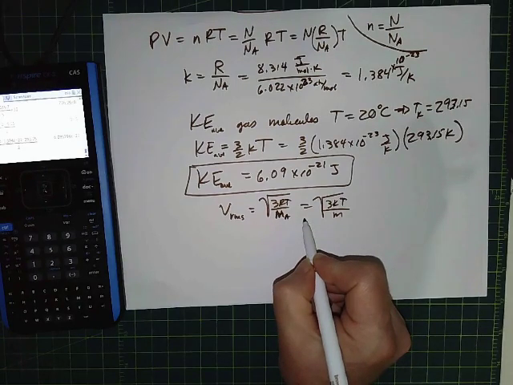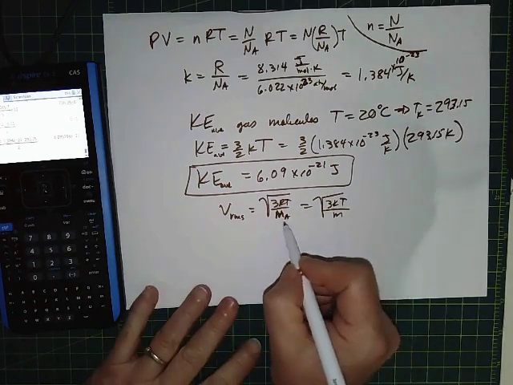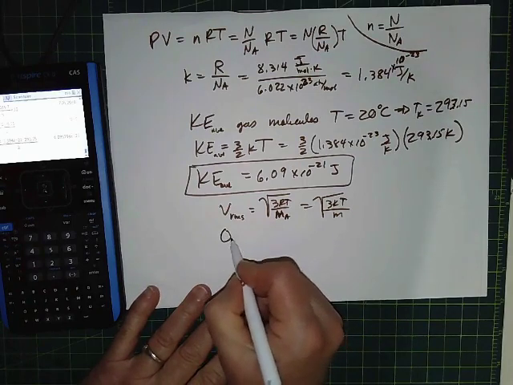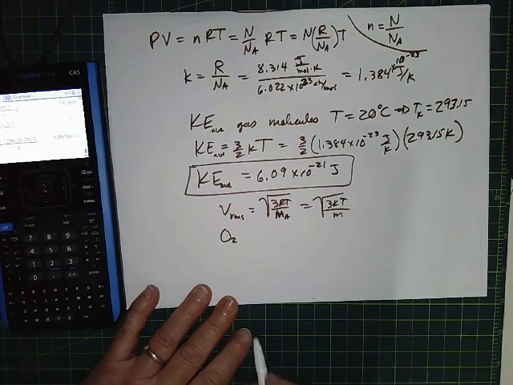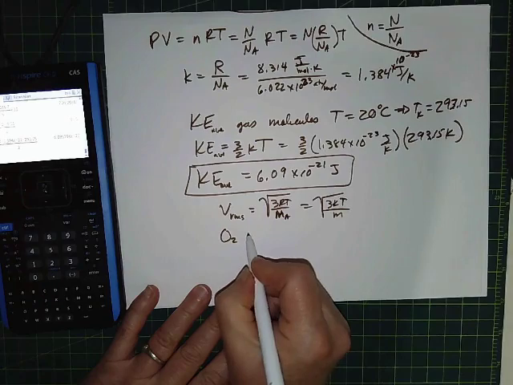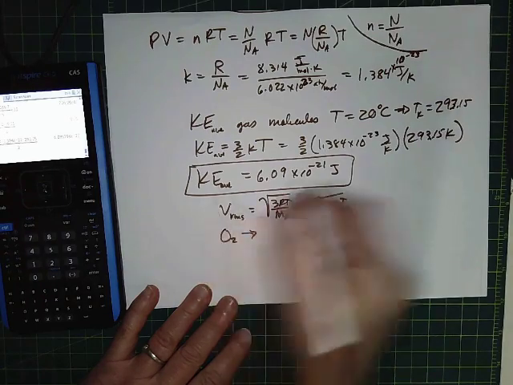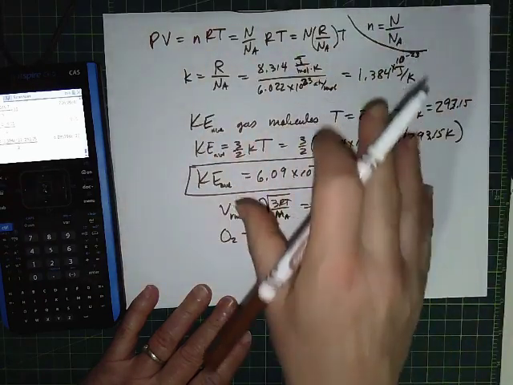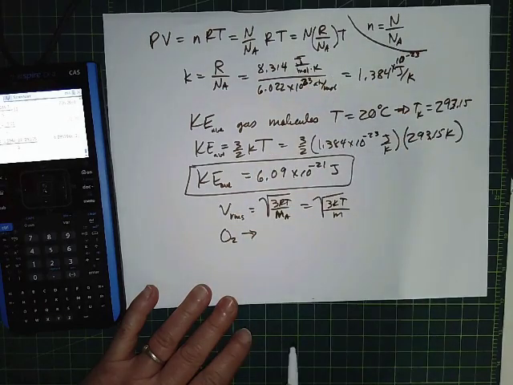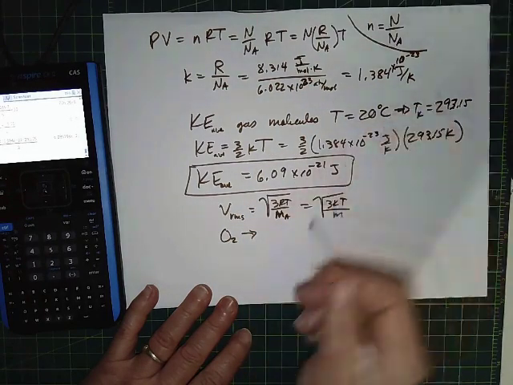So we need to know what molecules we're talking about. Let's just think that it's air, and let's look at the oxygen in the air and see how fast the oxygen molecules will be moving under these conditions, this temperature.